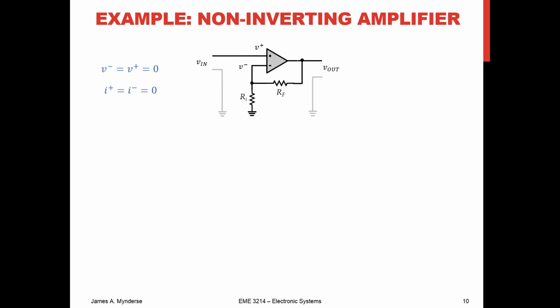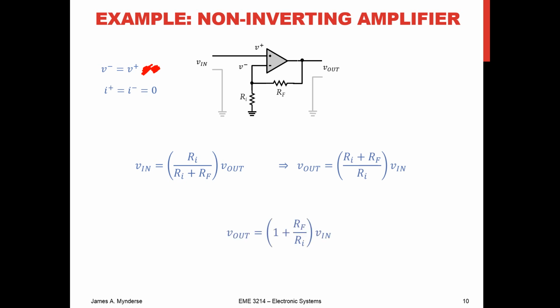We can do the same thing with a non-inverting amplifier, and this is where my typo is definitely wrong. Oops. So V minus is equal to V plus. I plus equals I minus equals 0. And so I can work through this, and I'll say that Vn is going to be Ri over Ri plus Rf times V out. So V out is Ri plus Rf over Ri times Vn.